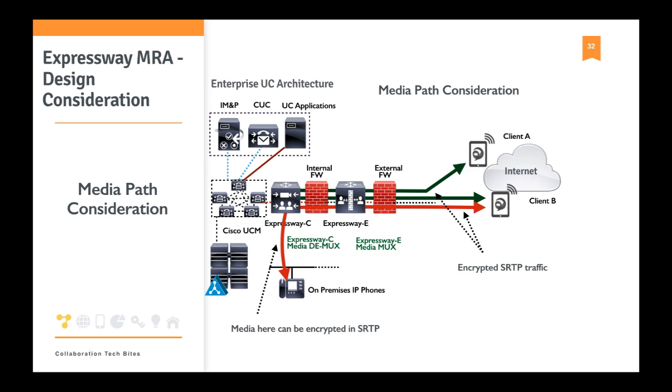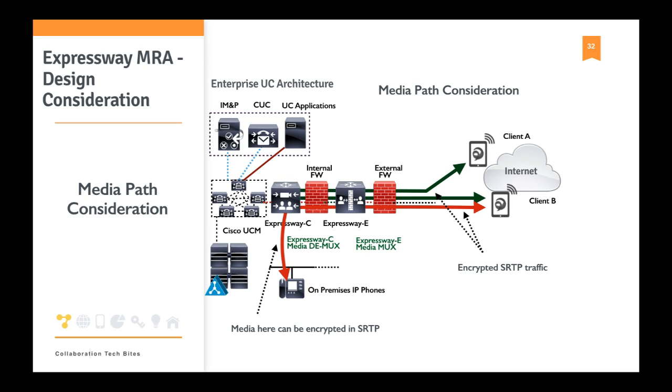Okay, another consideration. Expressway C terminates the media, and as you know, Expressway C only terminates encrypted media. Encrypted media means the traffic is encrypted between client A and Expressway C. However, if you have a non-secure Call Manager, and the phone is of course in non-secure mode, SRTP gets converted to RTP, and the traffic will not be encrypted between Expressway C and the IP phones.